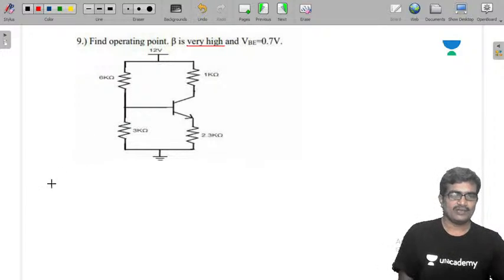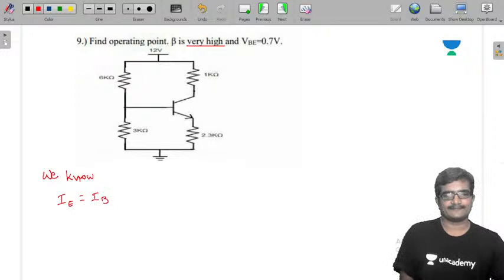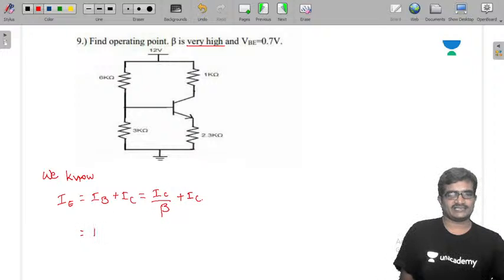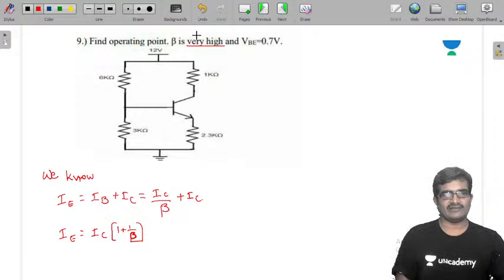See this. We know one thing: emitter current is base current plus collector current. And I am replacing IB by IC by beta, plus IC. Now it can be written as IC into (1 plus 1 by beta), which is IE. Now they gave beta is very high.